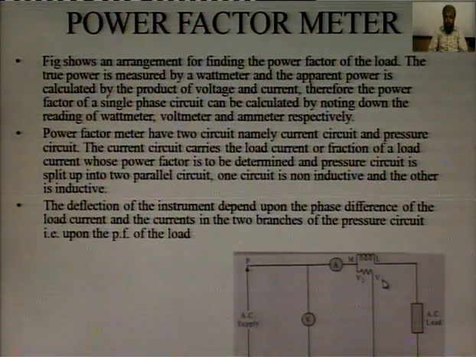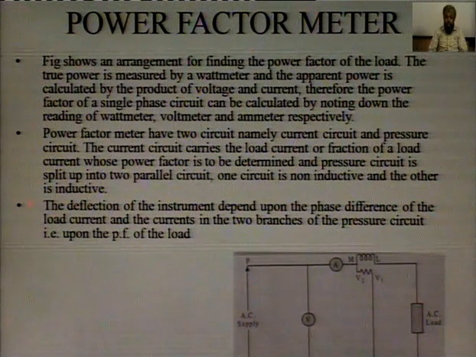The figure shows the arrangement for finding the power factor of the load. The true power is measured by a wattmeter and the apparent power is calculated by the product of voltage and current. Therefore, the power factor of a single phase circuit can be calculated by noting down the readings of wattmeter, voltmeter and ammeter respectively.